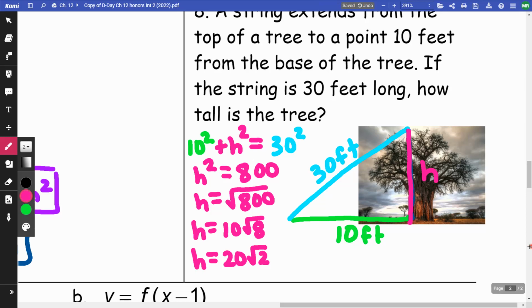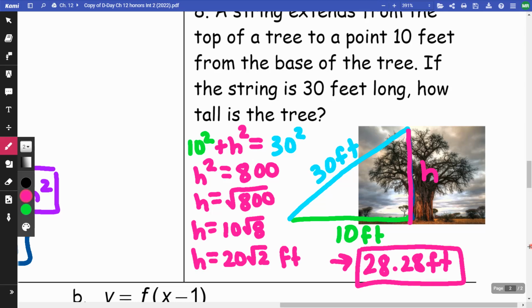You can leave it like that if you want to keep it exact, or I can put the square root of 800 in my calculator, and it is equal to about 28.28 feet. So that is our answer. And that's probably a more realistic answer that we can size versus the 20 times root 2.